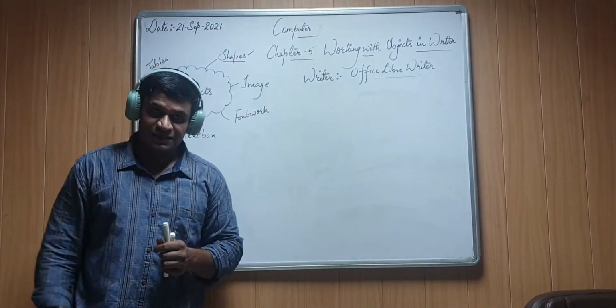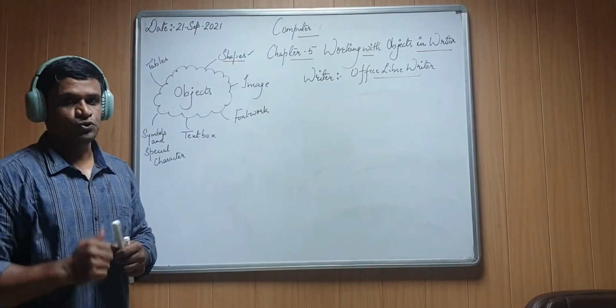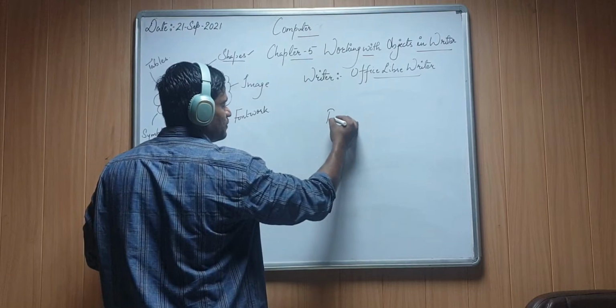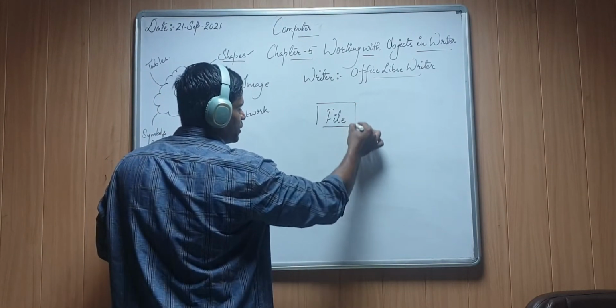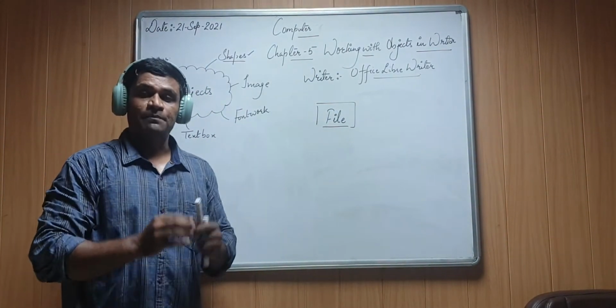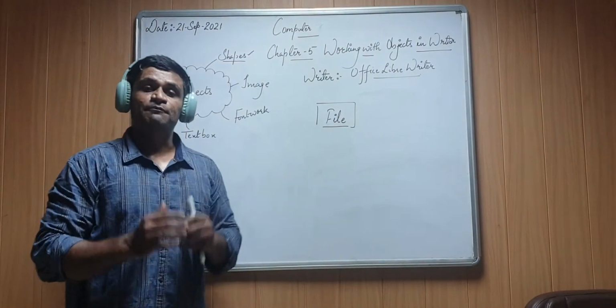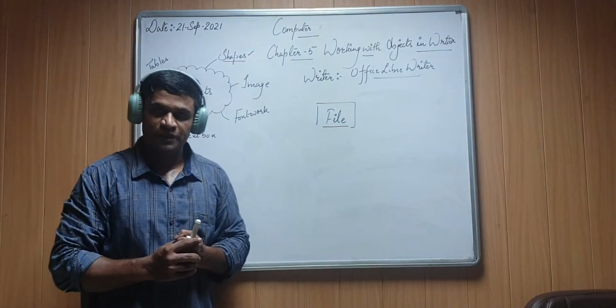So you can insert the image in your text document in two manners. That is, you can select the picture from file, the location in the computer where you have stored the image. आपने अपने image जहां store कर रखा है, that is the file, आप वहां से भी image को select करके you can put it on the text document.